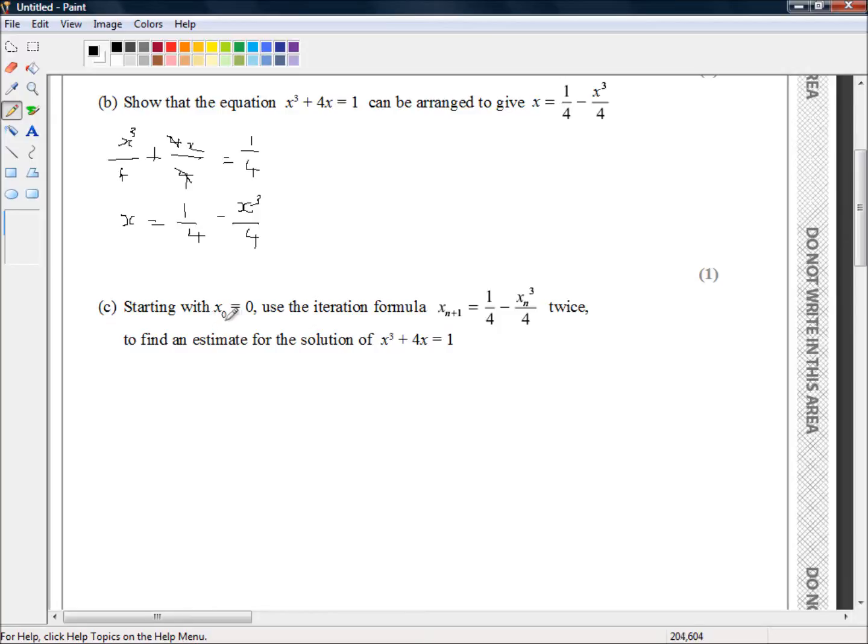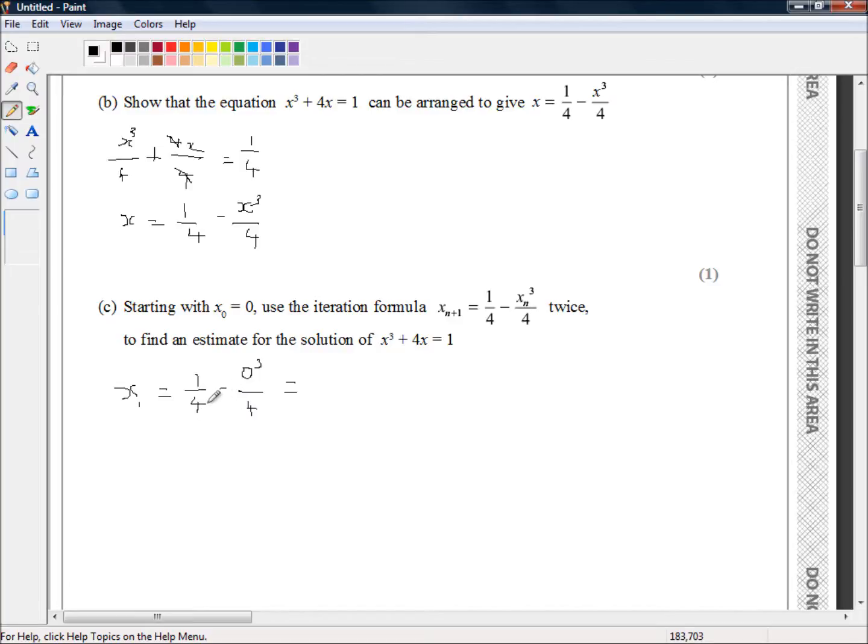So we've got x0 equals 0, so our first term is going to be x1 is equal to 1 over 4, which is a constant, so that never changes, minus x0, which we're already given, is 0, so 0 cubed is 0, but I'm going to write that anyway, 0 cubed over 4, which is equal to 1 over 4, because 0 cubed is 0, and 0 divided by anything is 0, and 0 when taken away from anything is the original number.